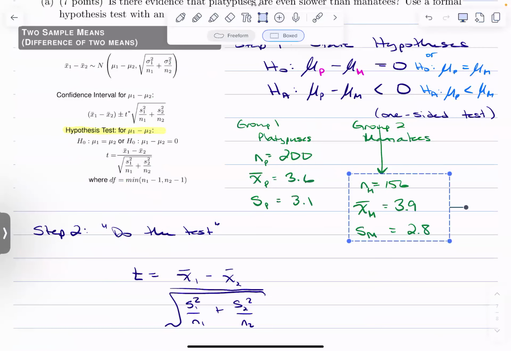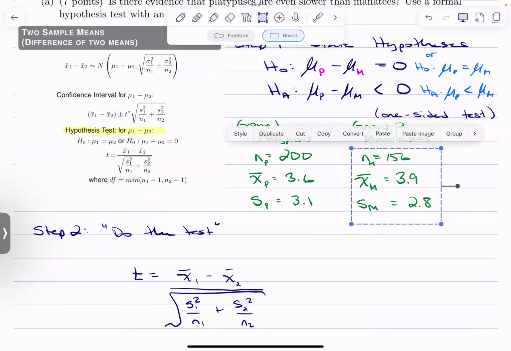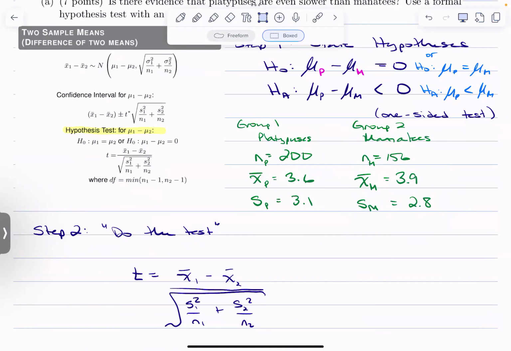This summary information lends itself to being put in a table. And so often I do report it in a table, but it's nice to see it in a kind of word problem scenario as well. Okay.